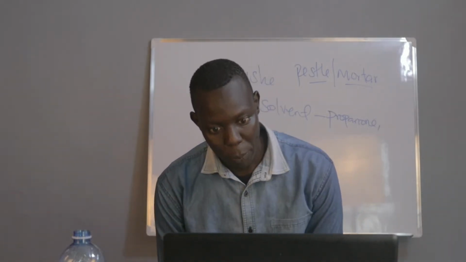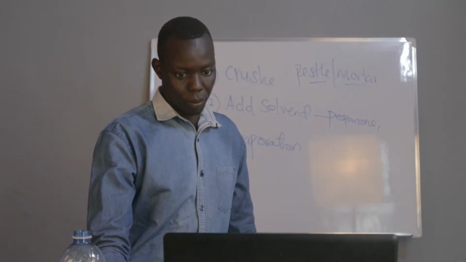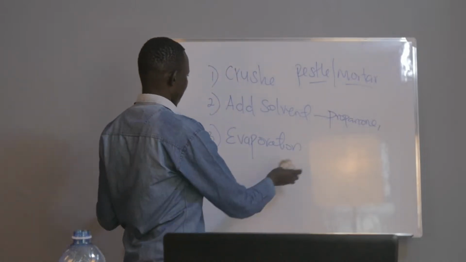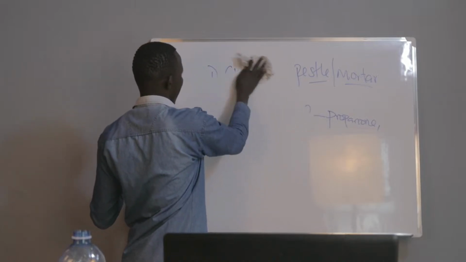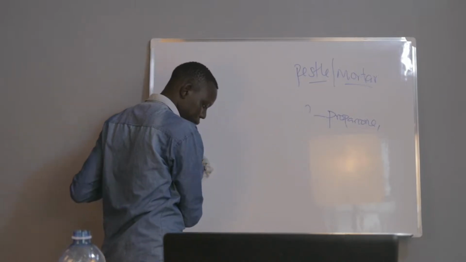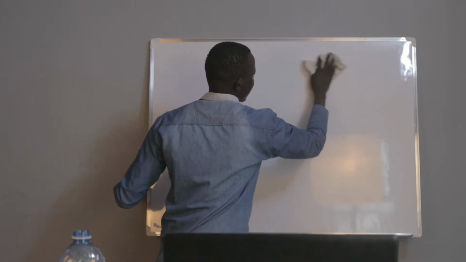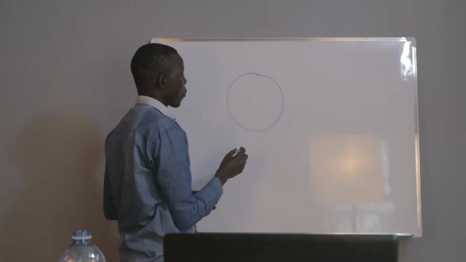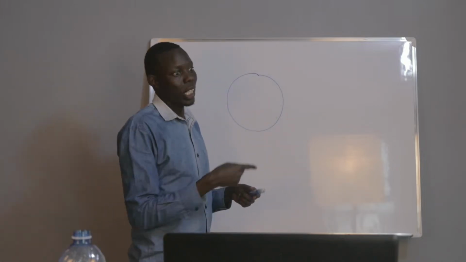And how is it possible that you can separate the two? Let me explain something here. Let me clean the board and I explain something here. If you have a filter paper this way, there are substances which have already been dissolved using a propanol.